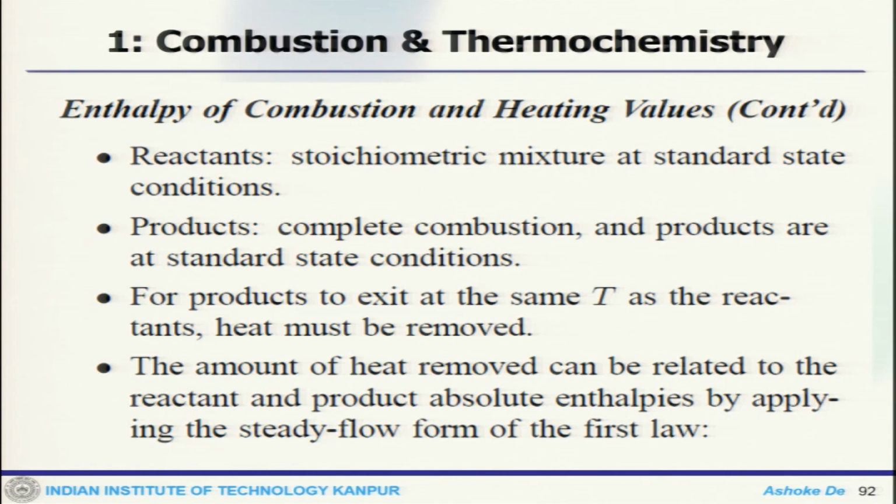As I said, for stoichiometric mixtures, the reactants are at standard state and the products are the product of complete combustion. That means there is no excess fuel, nor excess oxygen or air, which is the oxidizer, present, and the products also come out at the standard state. Now, for the products to exit at the same T as the reactants, heat must be removed.